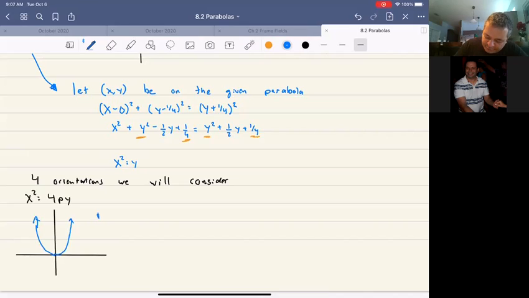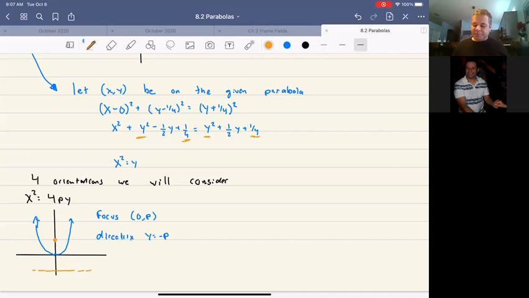Our focus is going to be at (0, p) and the directrix will be y equals negative p. So focus here, directrix here.